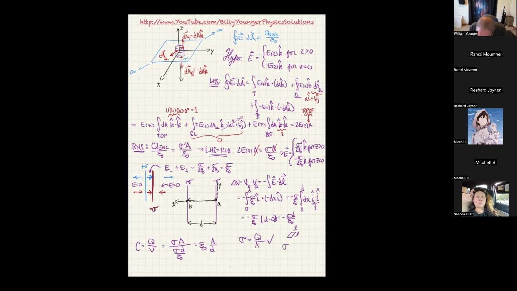So they then said sigma is Q over L squared, and that's okay too. But then when they did delta V equals negative integral E dot dl, they mistakenly took an integral of sigma over L squared dl. That part is wrong. Okay, so don't do that.